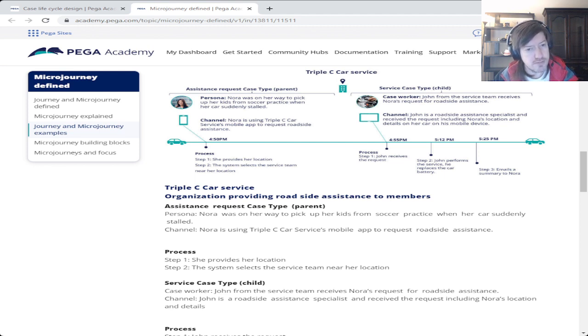Persona, customer. That's it. That's all you really need to do. You could add these additional details afterwards, but you're cluttering your image here with information that doesn't necessarily help the understanding of case types here.